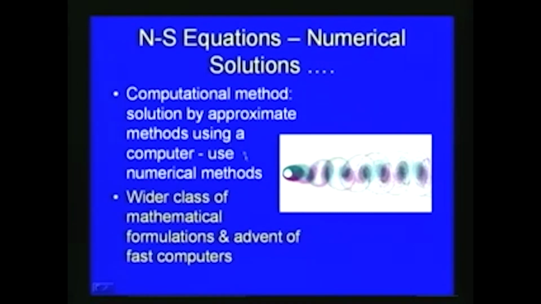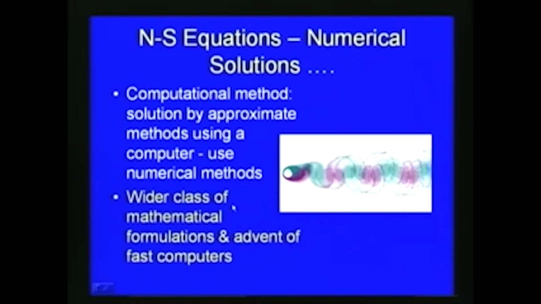Various numerical methods are used. For example, when we consider flow past a cylinder, we cannot approximate this kind of problem. We have to solve the real Navier-Stokes equations and obtain parameters like velocity, and then we can represent it visually, animate it, or represent it in graphical or tabular forms.